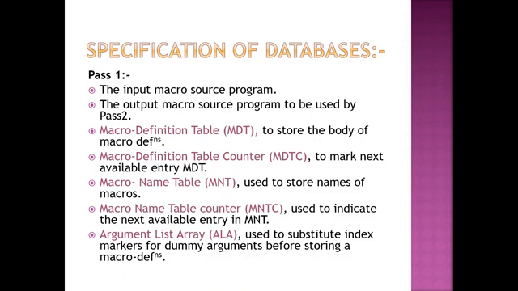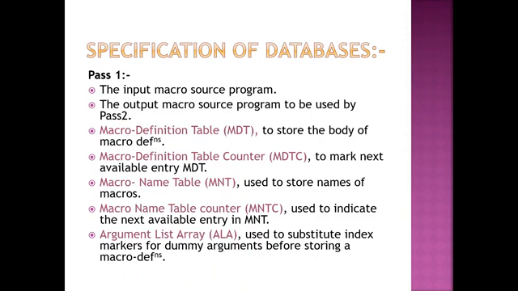The MDT is a table structure, whereas this data structure is just a variable which keeps the count of all the definitions. Every time you enter one line of code, it will be counted. The macro definition table counter is a variable which counts the macro definitions present in the macro definition table.